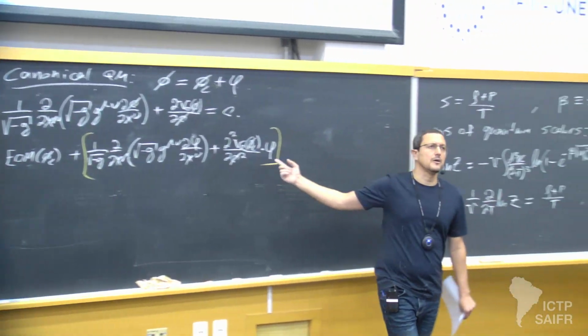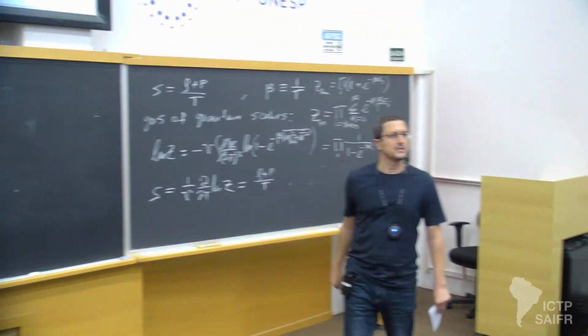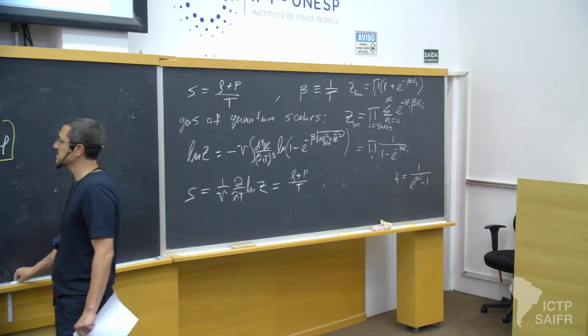This term is the linear part in the expansion in fluctuations. And then there is a second order part.